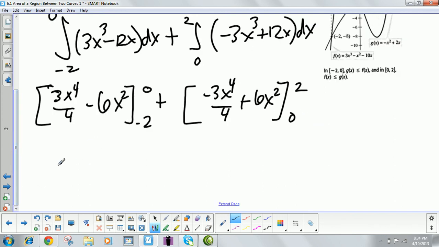So we set up those two different integrals. When you plug 0 in, you notice you just have 0.